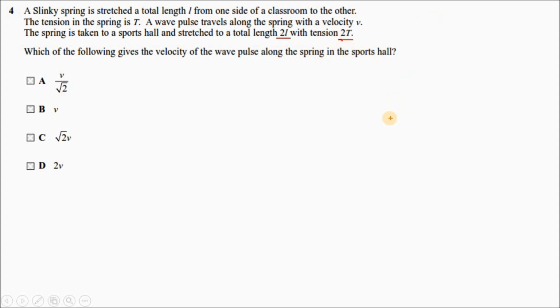So we need to find the new velocity. You know that in case of a string or a spring, if we have some tension, then speed is the square root of T by mu. That's how we can define V. So if tension is T and length is L, then the speed is V. I am assuming the new speed is V dash when the length and tension are doubled.